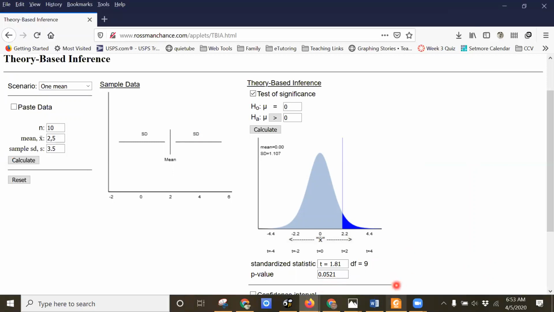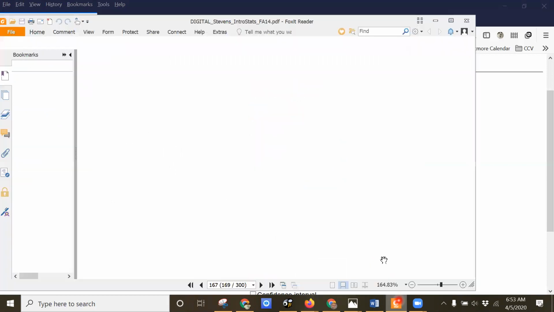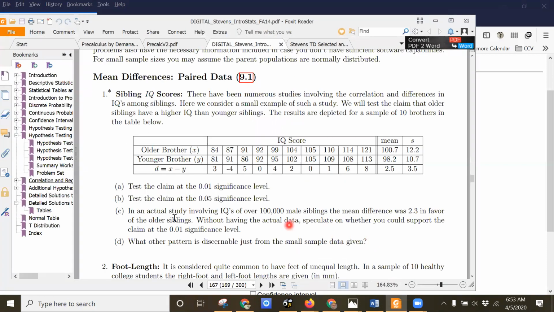All right, so whether you could support the claim at the 1% level. Well, it's not a random sample.